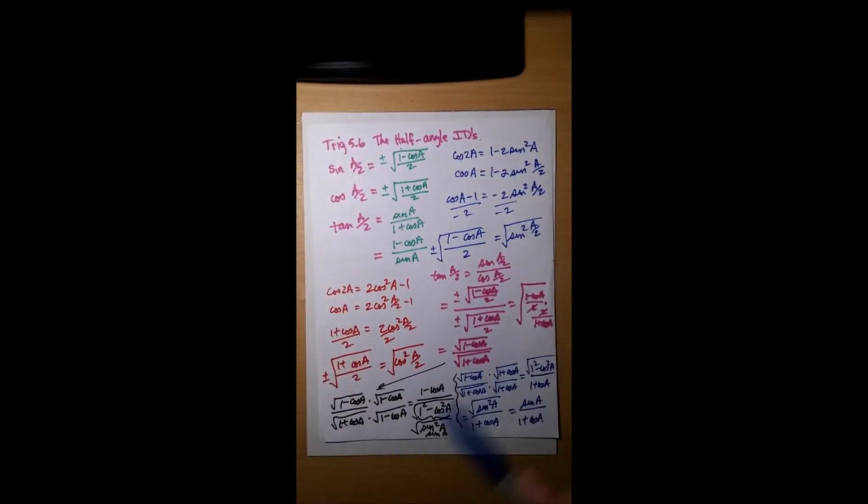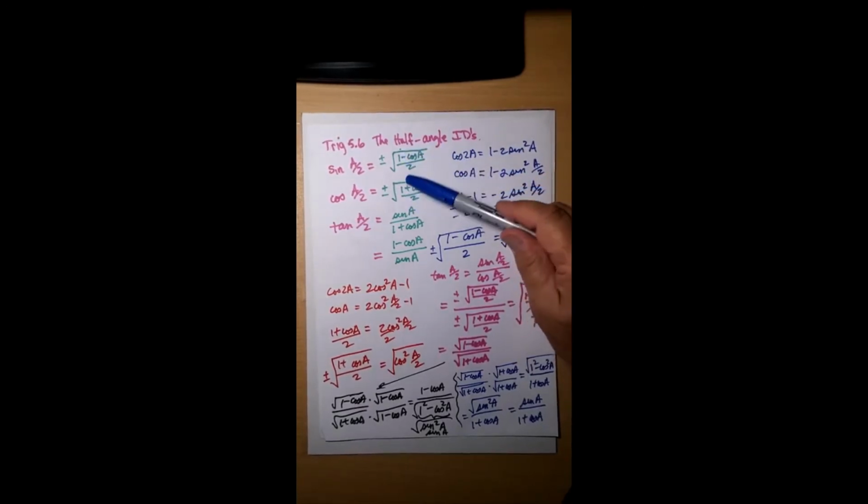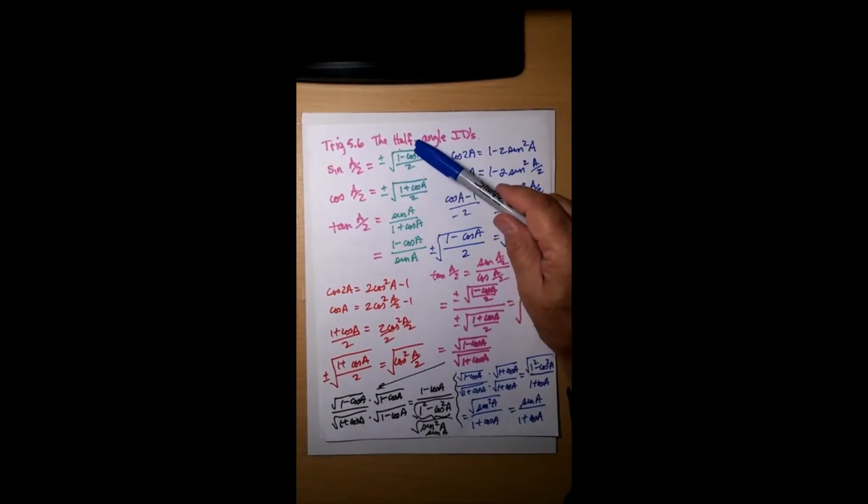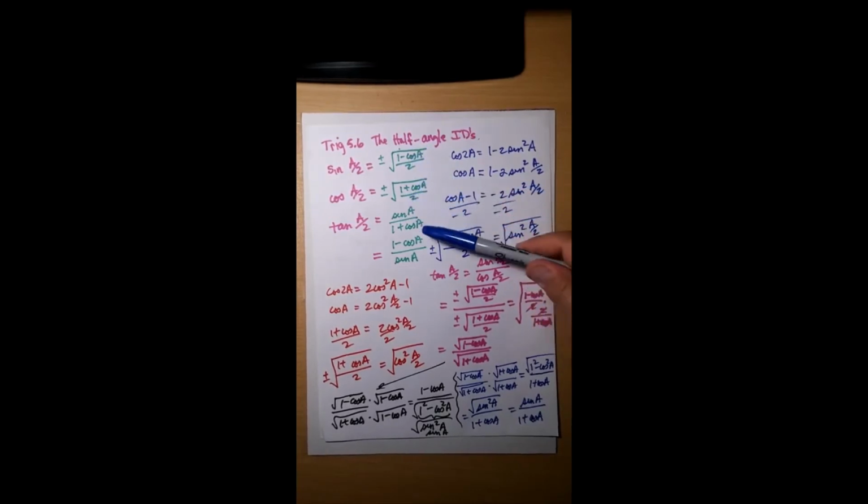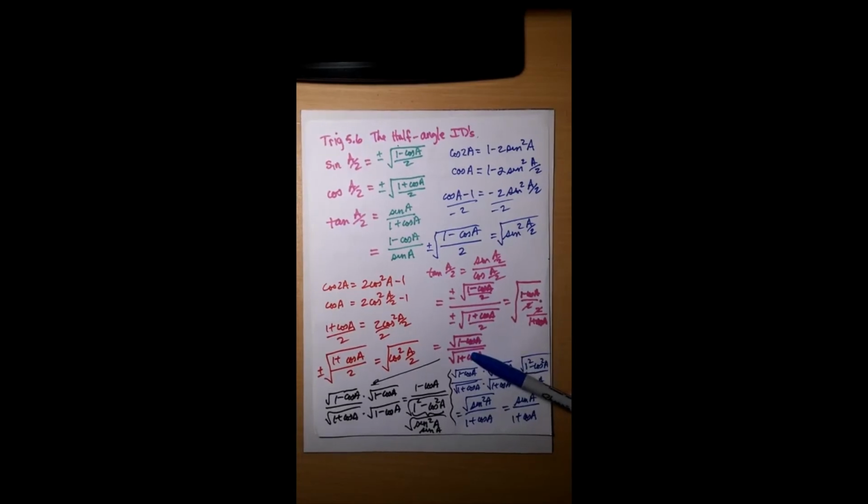So how do you memorize these? I guess these first two are almost the same. For the sine, it's subtraction. For the cosine, it's addition. So if you memorize one of those, then you got the other one. You also remember this is 1 minus cosine A over 1 plus cosine A when you do the tangent.